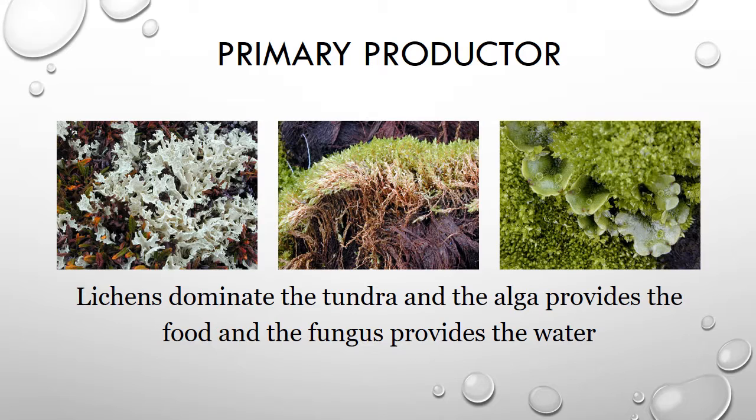The algae's photosynthesis uses light, water, and carbon dioxide to produce food for itself and its symbiont. In return for its food, the fungus retains liquid water for itself and the algae to avoid dehydration.